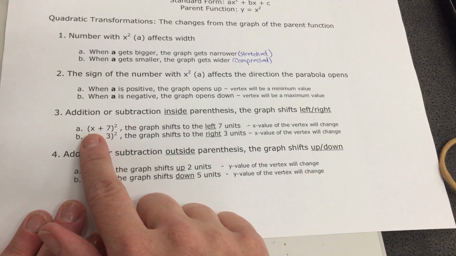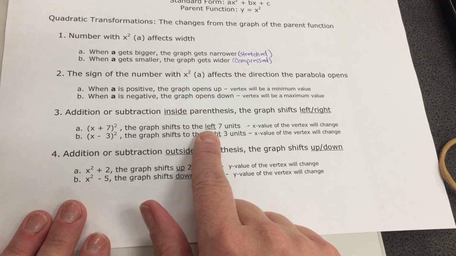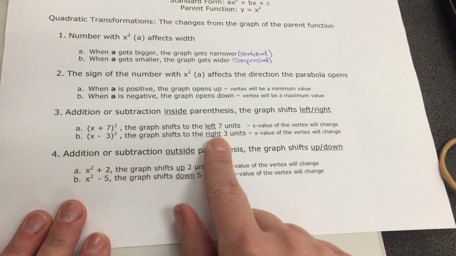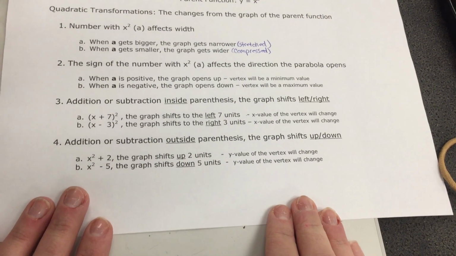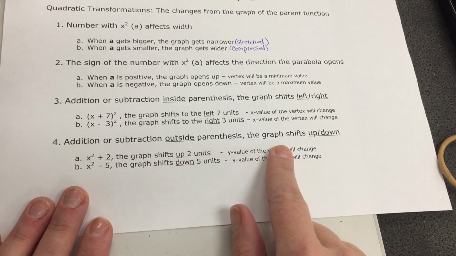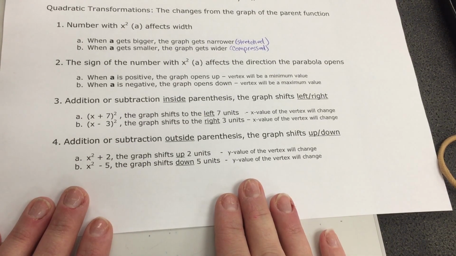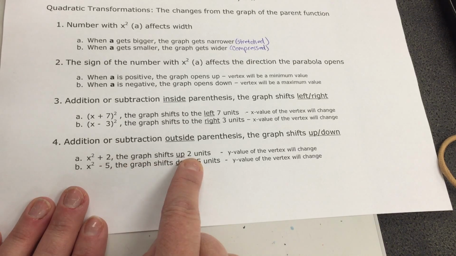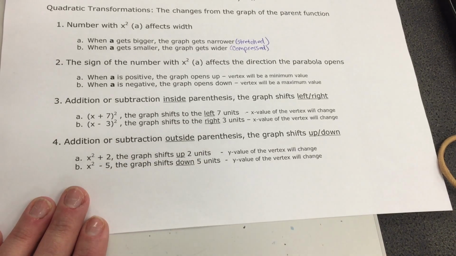So if we have x plus 7 squared, the graph shifts left 7 units. X minus 7 squared, the graph's going to shift to the right 7 units. Addition or subtraction outside parentheses is going to shift our graph up or down. So x squared plus 2 shifts it up 2. X squared minus 5 is going to shift it down 5.